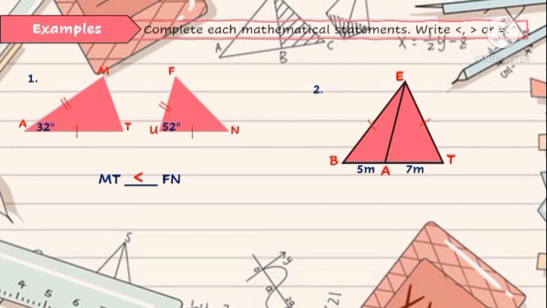The length of the third side of the second triangle is 7 meters. What can you say about the included angle of the second triangle, angle TEA, compared to the included angle of the first triangle, angle BEA? It is greater than.